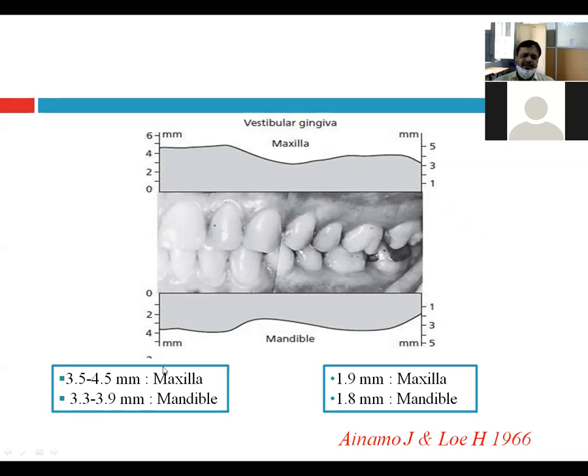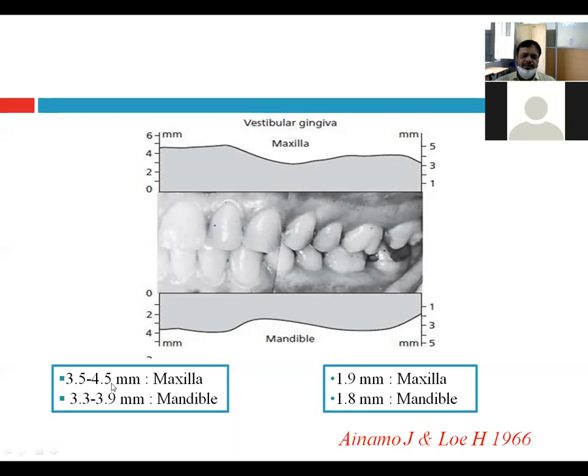It is highest in anterior regions, whereas it is lowest in the first premolar area. That is, in the maxilla it is 1.9 millimeters in first premolar areas and 1.8 millimeters in your mandibular region. So, width of attached gingiva is highest in the incisor areas and lowest in your first premolar areas.